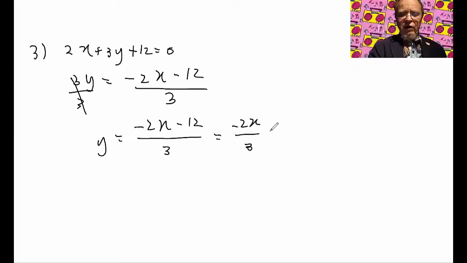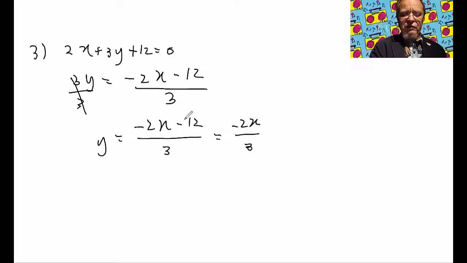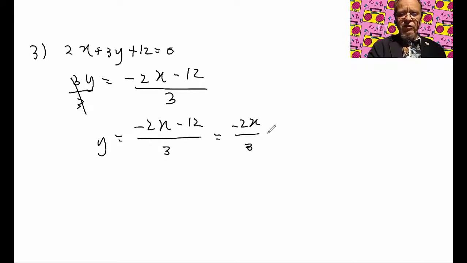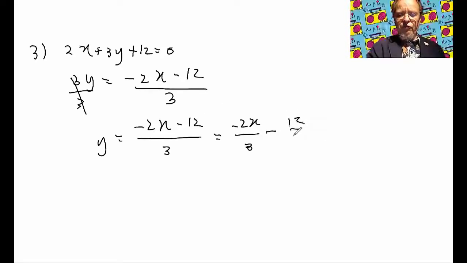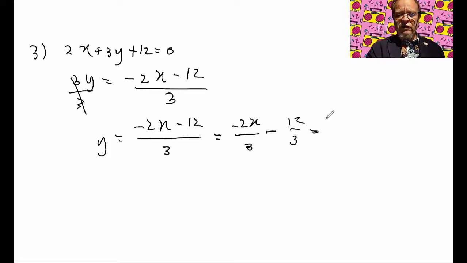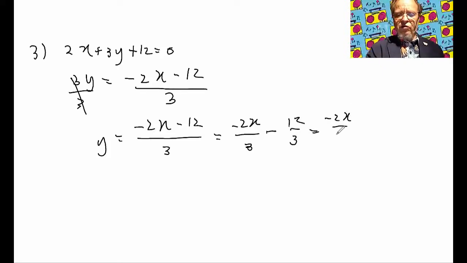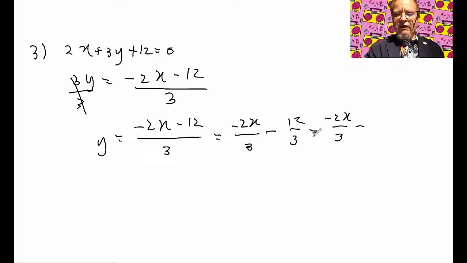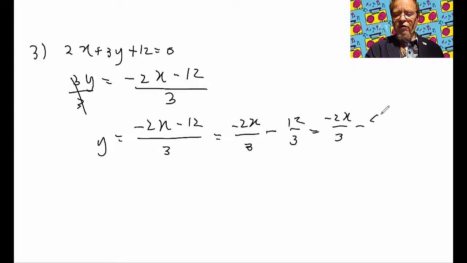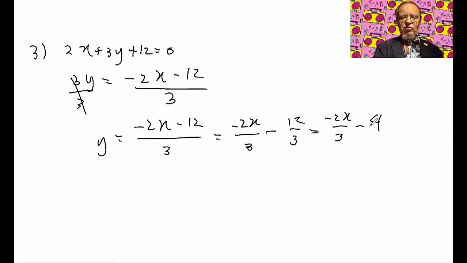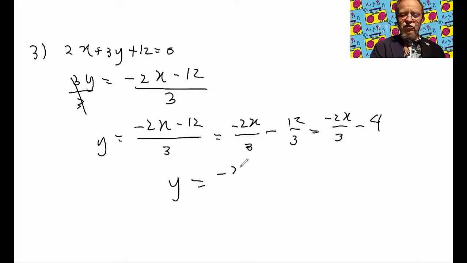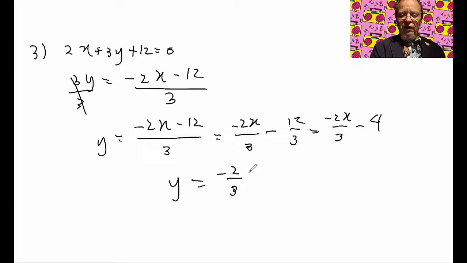And then we have to be careful of our signs because we have a minus and a plus. So a minus and a plus will give us a minus 12 over 3. So that's going to give us negative 2x over 3 minus, 3 goes into 12 4 times. And so we can say now y is equal to negative 2 over 3x minus 4.